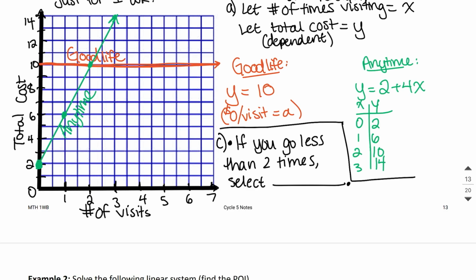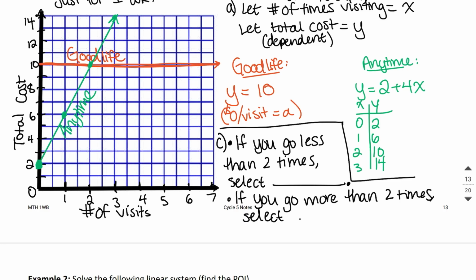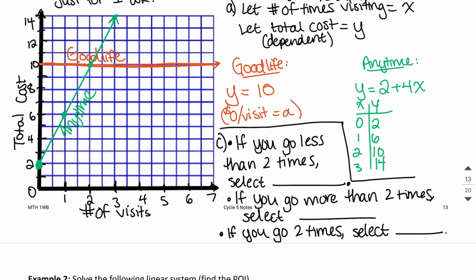Then I want you to fill in right here, if you go more than 2 times, you should select. And then lastly, I want you to fill in, if you go 2 times, you should select, and then fill that in as well. Okay?